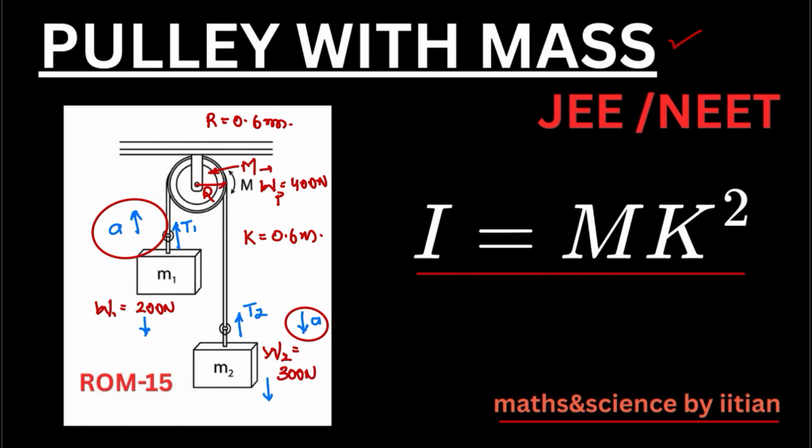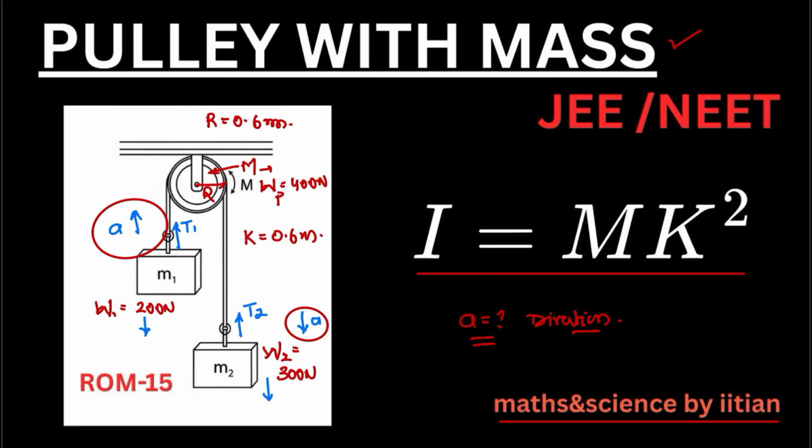Now, in this question, what is the value of a, and what is its direction? These two things. Here it is not an ordinary pulley system. A weightless pulley is not there. A radius is also considered for the pulley, mass is also considered for the pulley, and radius of gyration is also considered for the pulley.